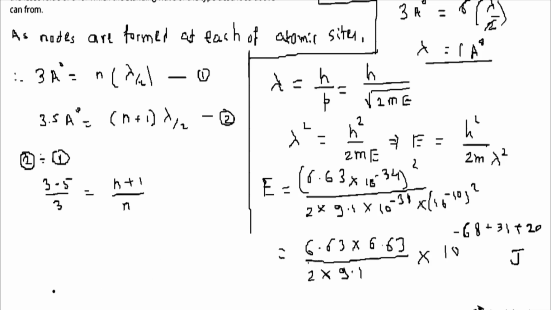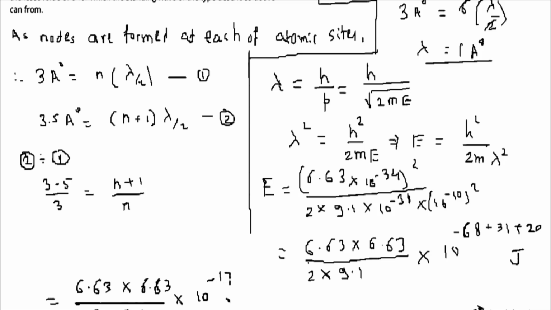Now if you want to calculate it in electron volt, we'll make it 6.63 into 6.63 divided by 2 into 9.1. The power of 10 is minus 68 plus 31, which is minus 37, and plus 20 is minus 17.